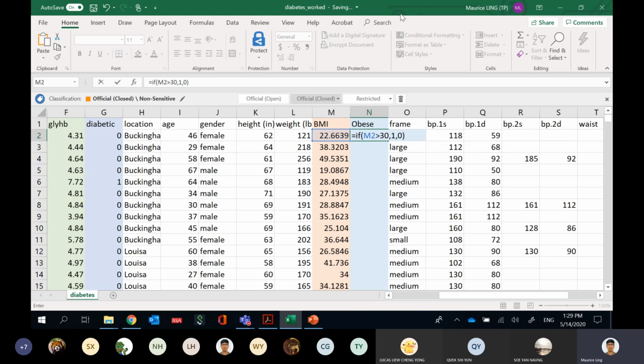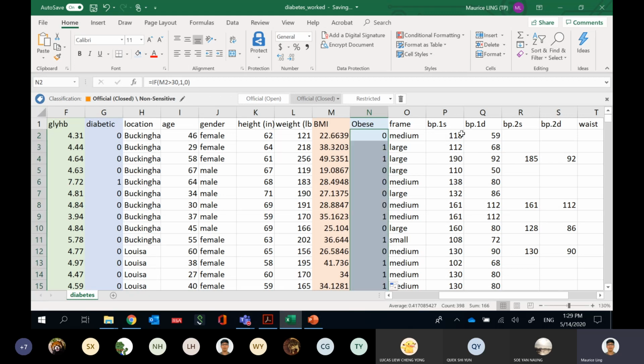It's the same as what I did for my diabetic. Ryan, all right, you can get this already? Yes. Okay, good. So, not obese. The next one is obese, right? Obese, not obese. So, again, we have 166 obese in this whole data set.